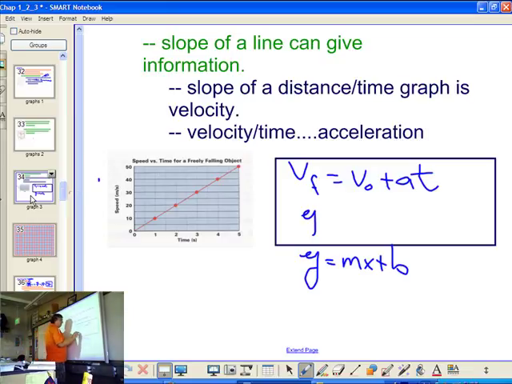Let's rearrange this a little bit. Notice our velocity equation is the equation for a line because we are dealing with a constant acceleration, because this formula only works for a constant acceleration. So you can see where this formula that you learned in algebra gets applied directly into finding velocities in physics. So I just wanted to show you that.